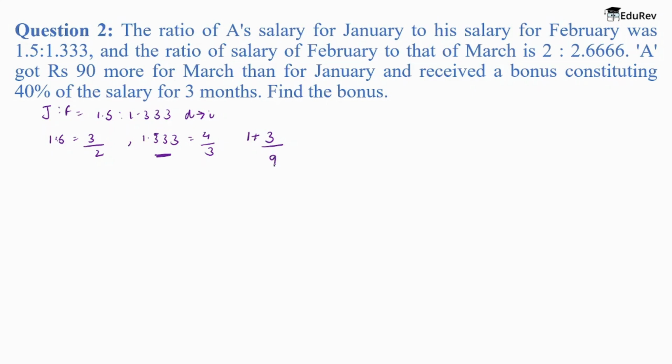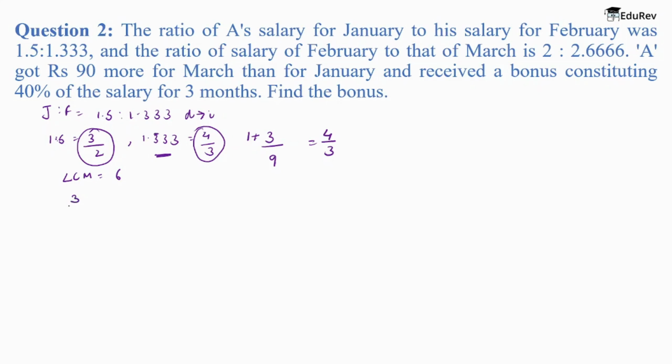So 1 times 9 and this gives me 4 by 3. Now it is 3 by 2 and 4 by 3, so we will take the LCM, and LCM of 2 and 3 is equal to 6.